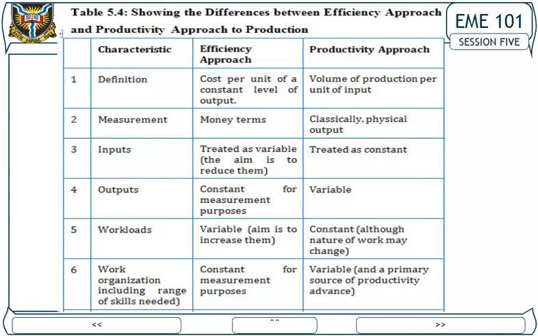Productivity approach: variable. Workload: efficiency approach, variable, aim is to increase them. Productivity approach: constant although nature of work may change. Work organization including range of skills needed: constant for measurement purposes, variable and a primary source of productivity advance.